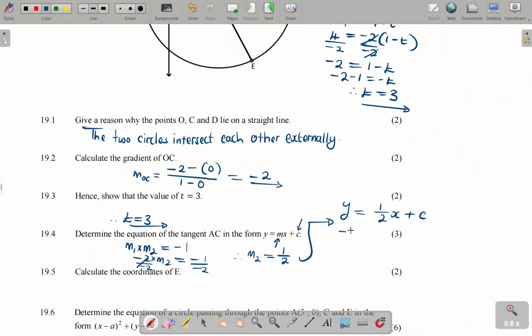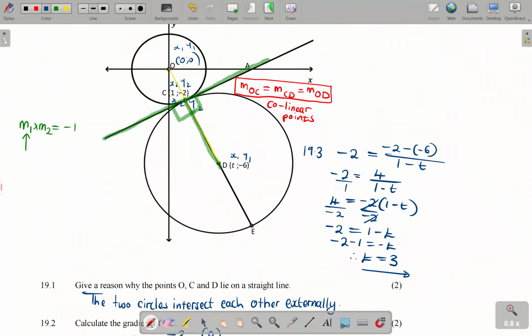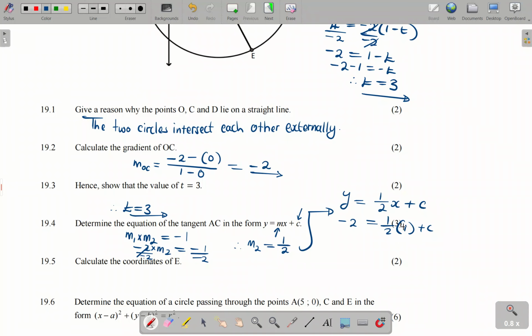So negative 2 for y, and 1 for x. So negative 2 equals a half plus c, so c is negative 2 minus a half, all over 2. Here you'll have negative 4, and then minus 1. This will give you minus 5 over 2. So minus 5 over 2 is your value of c.